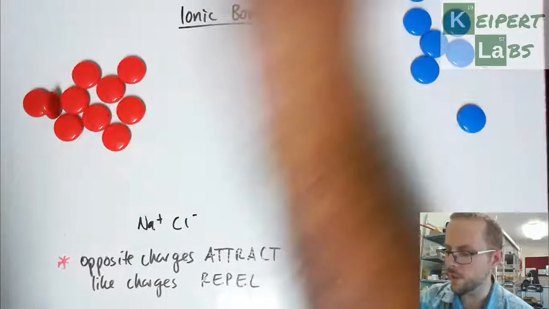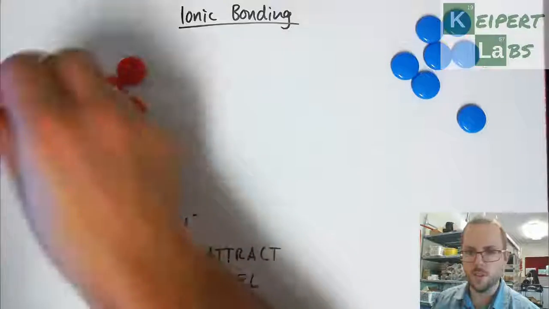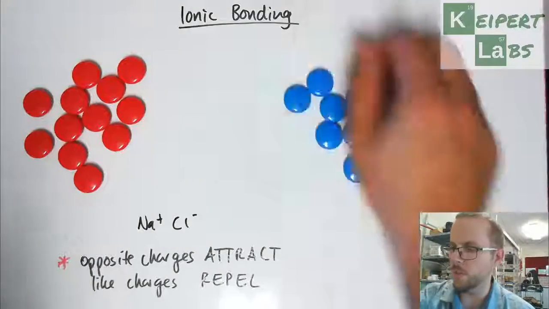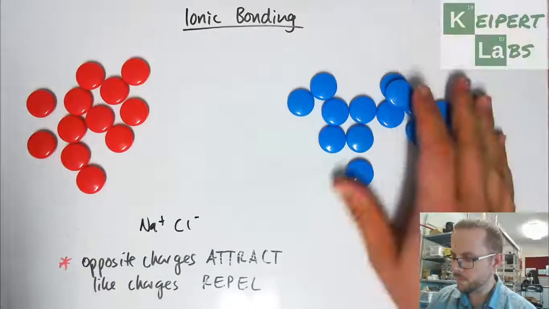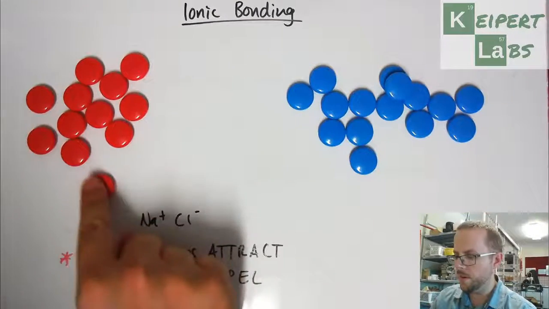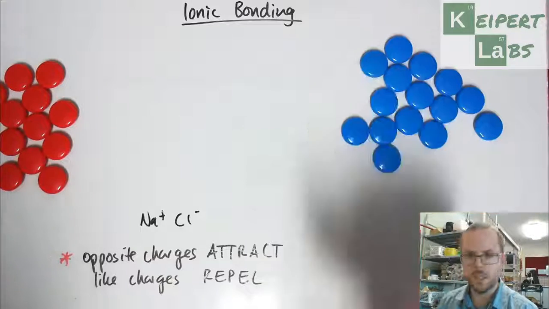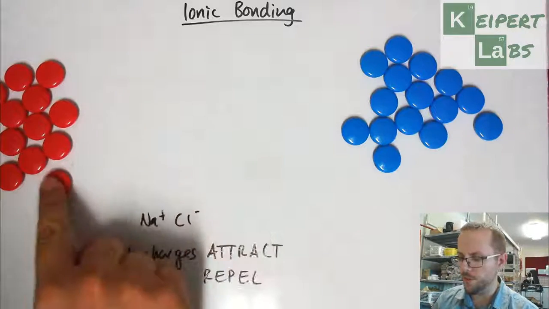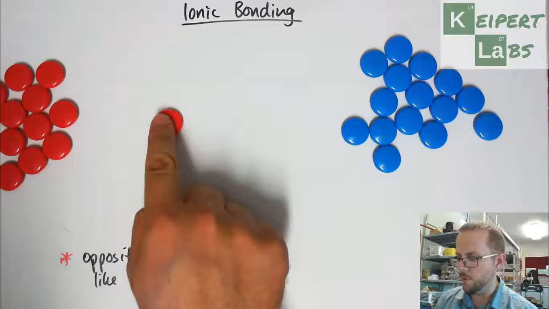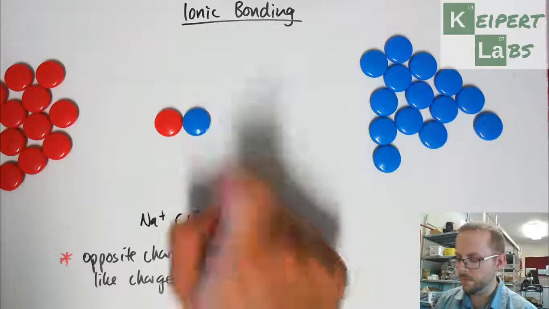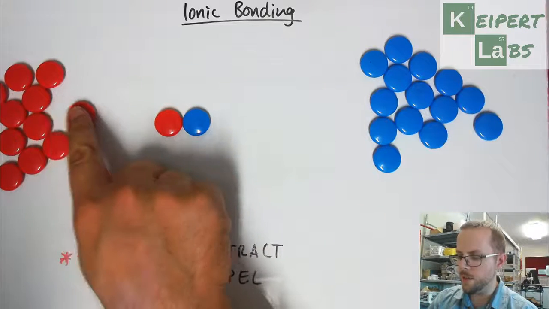Let's imagine that our red dots represent our sodium, and the blue dots represent our chloride. Let's shift those over there so we've got a bit of working space in the middle. If each red dot, a sodium ion that's formed, is attracted to a chloride, and then there's another sodium ion that's formed.